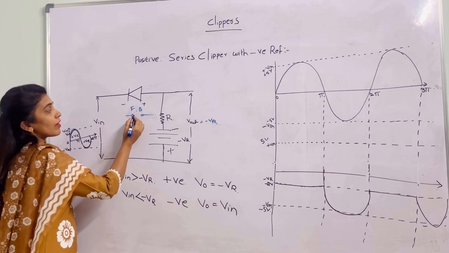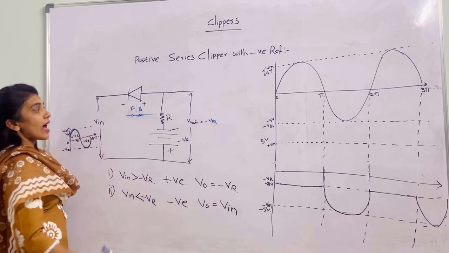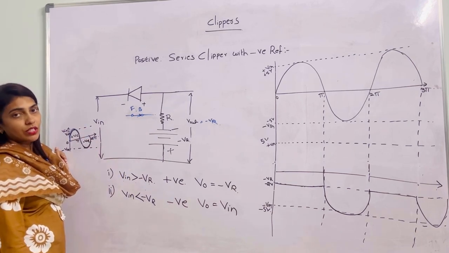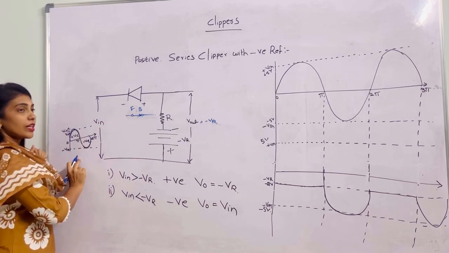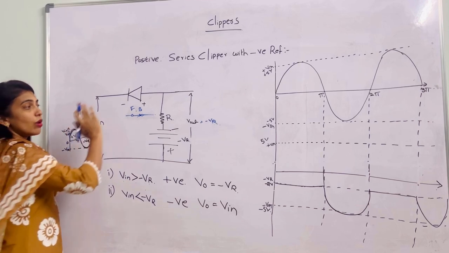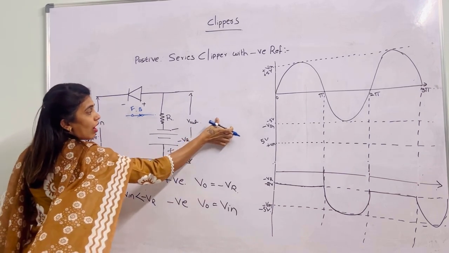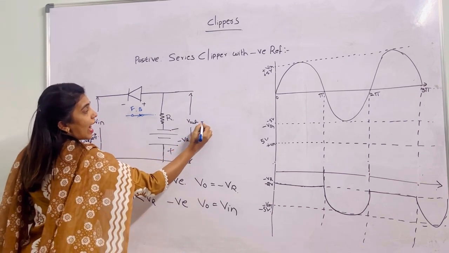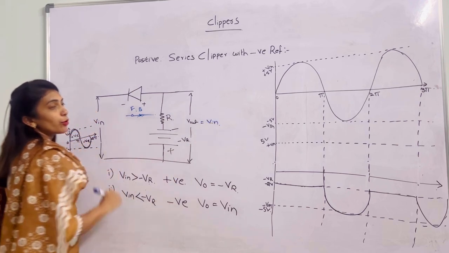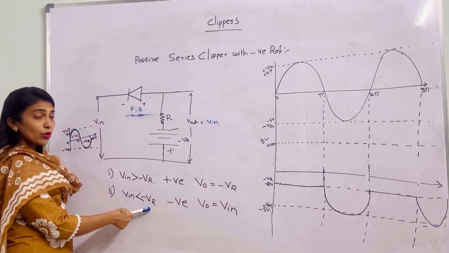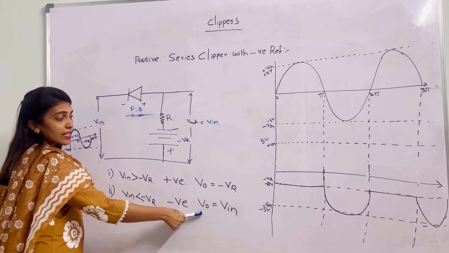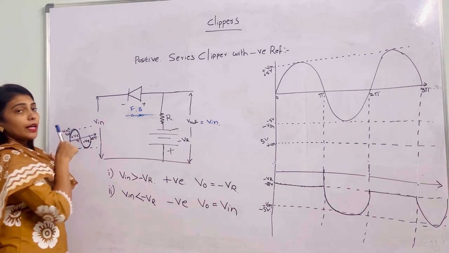In forward bias condition, it acts like a closed switch. So the input is allowed from input to output side, and the output voltage is the same as the input voltage. So in the second condition, V in less than the reference voltage, the output is the same as the input voltage.